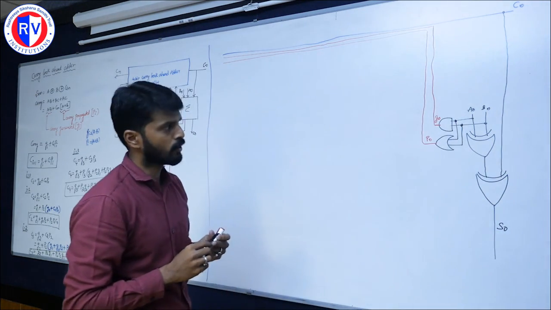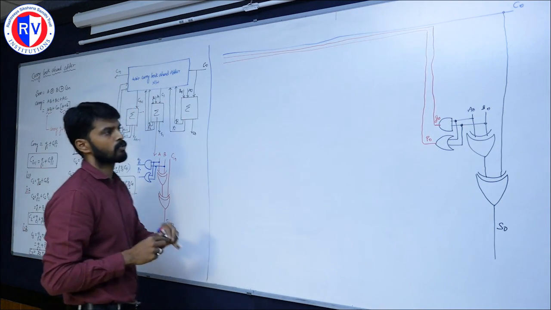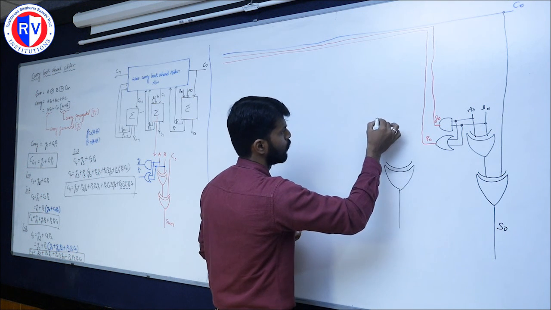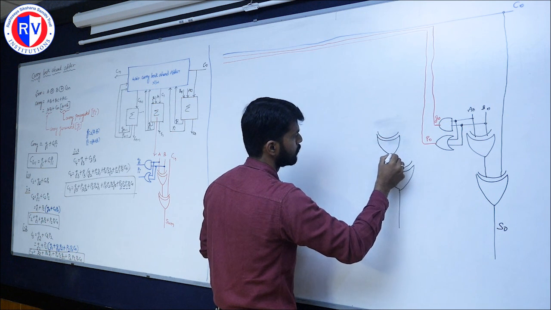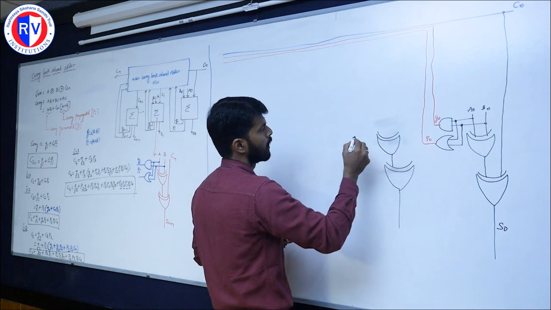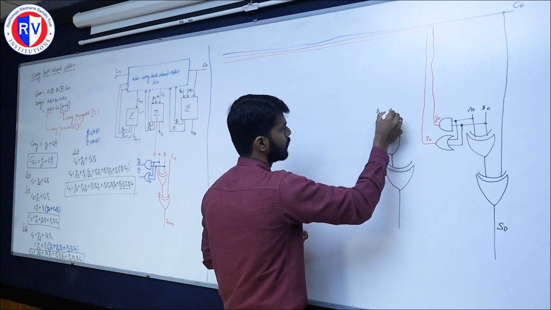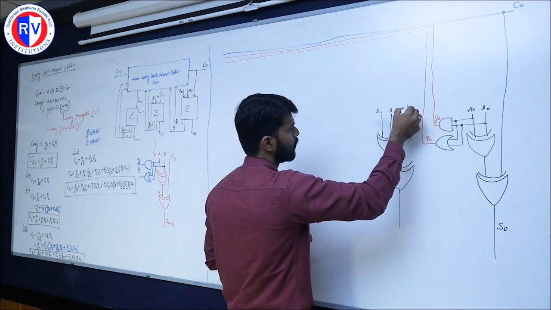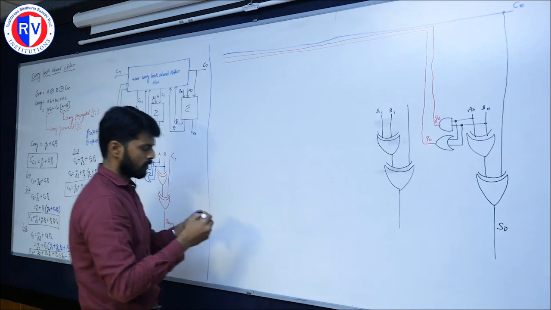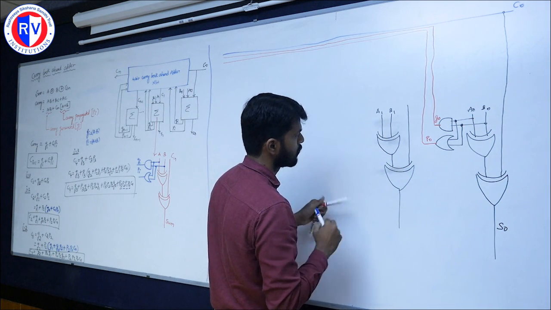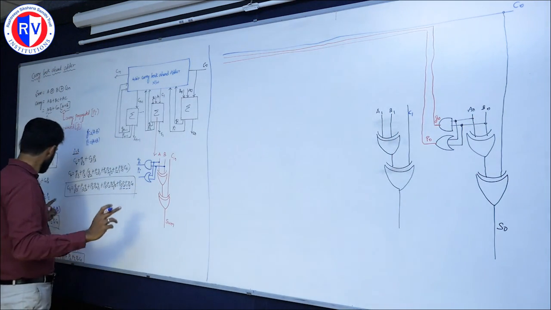Next, I need to construct C1. This C1 will go to the next stage. So this becomes input to this, and here we have A1 and B1, and for this carry stage, this is the C1 we need to write. What is the equation for this C1?